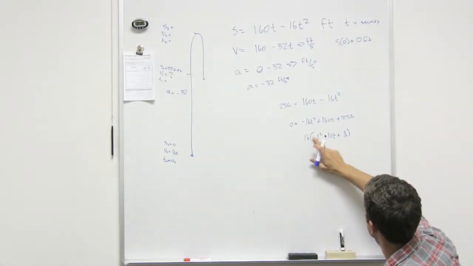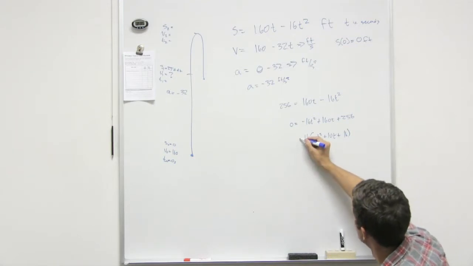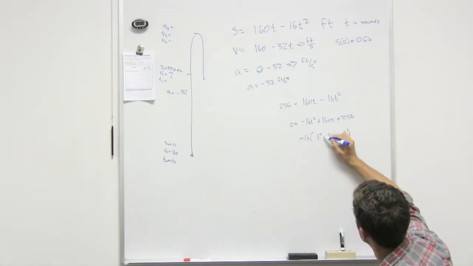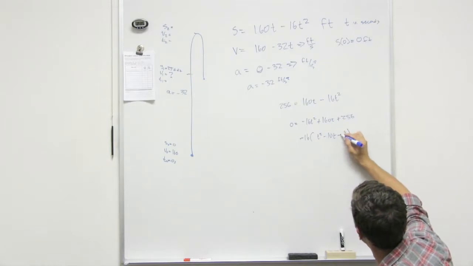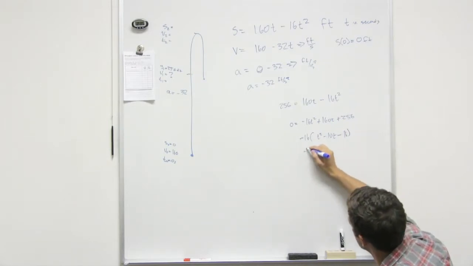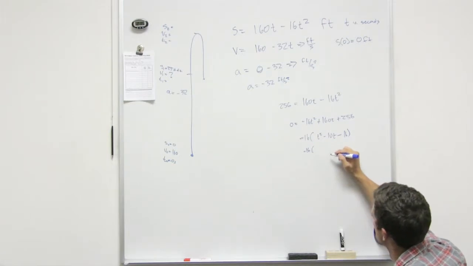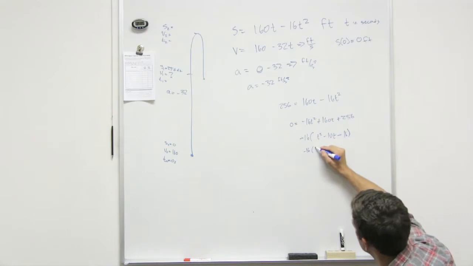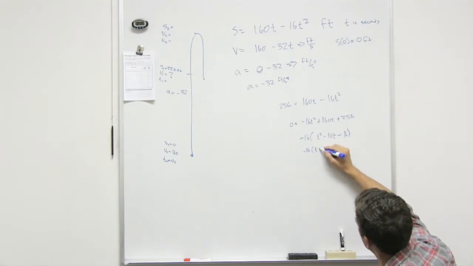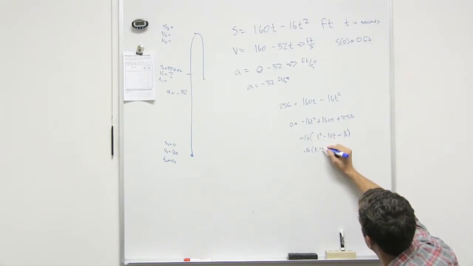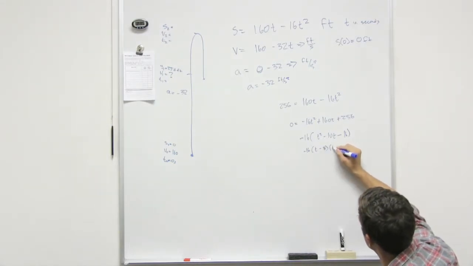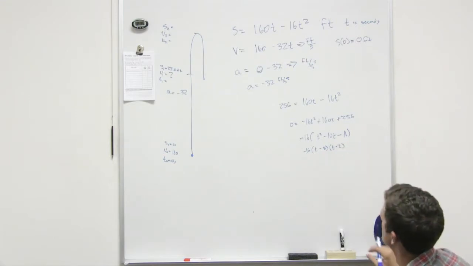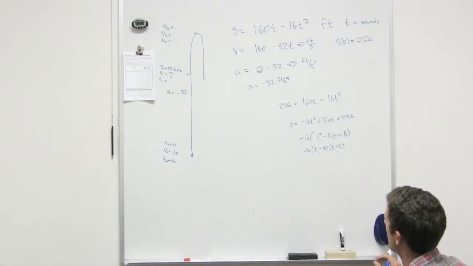So what if we took out a negative 16? Call this positive, and these ones negative. That would give us a negative 16 times t minus 8, and t minus 2. Oh no, that would give you a positive 16. Dang it.